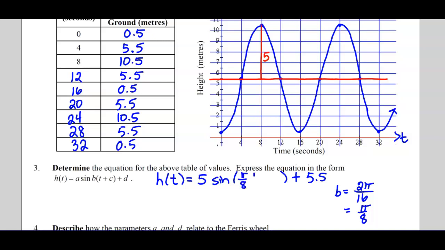Okay, T. And there is a translation, so I need another set of brackets in here. Because sine, if I keep this positive, the closest is to the right, where it's going up and to the right, and that is 4 to the right.